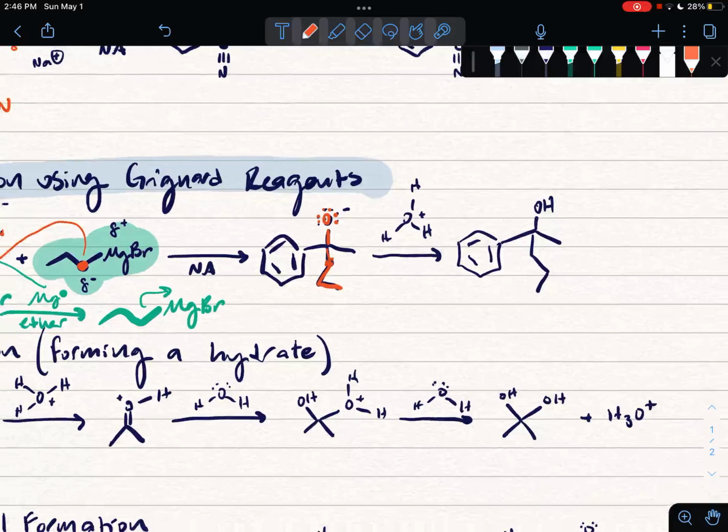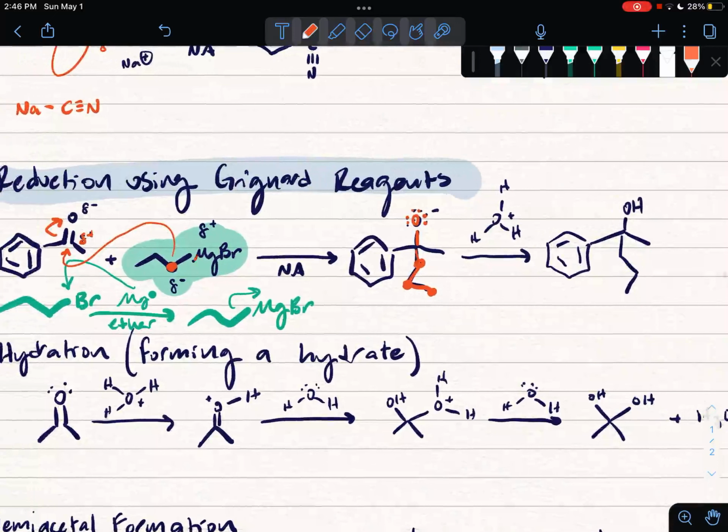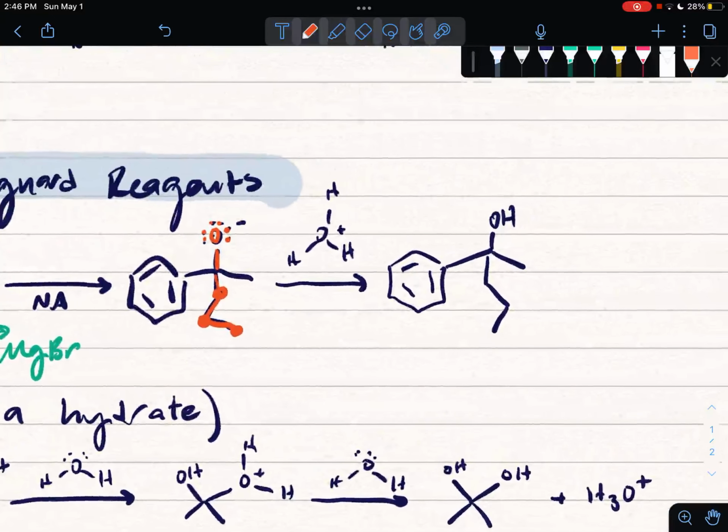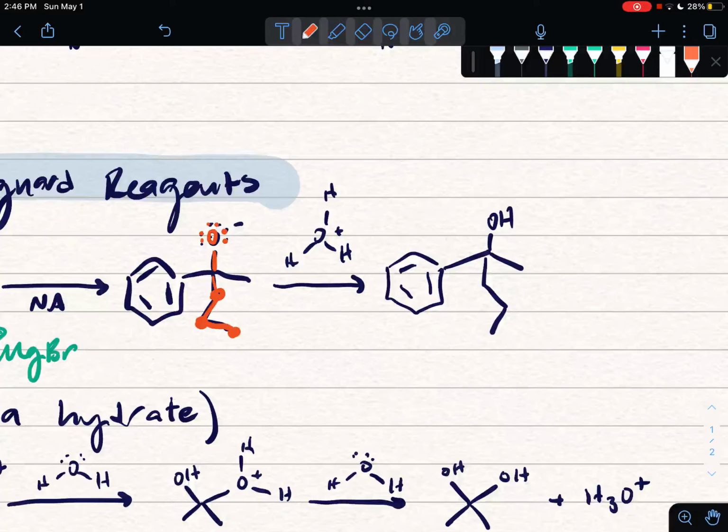Notice that we only have 1, 2, 3 carbons, and that's because our magnesium was attached to 1, 2, 3 carbons. So it's just important to count and make sure you're not adding too many or too few when you do the Grignard reagent. Okay, and then next, because we want to form an alcohol, we can use a hydronium ion, and these electrons on the oxygen will attack that hydrogen, those electrons move back to the oxygen, and we have ourselves an alcohol.